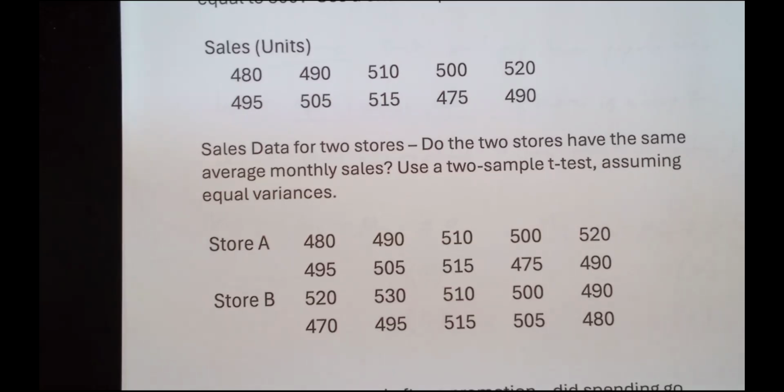If I think I have different variances, as opposed to assuming equal variances, then I can use the unequal variance checkbox test instead of the equal variance one. The output looks almost exactly the same.